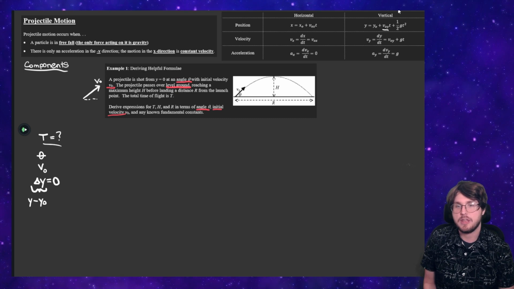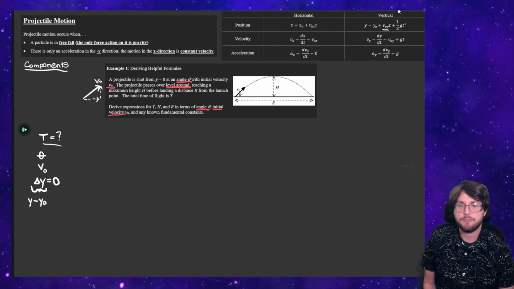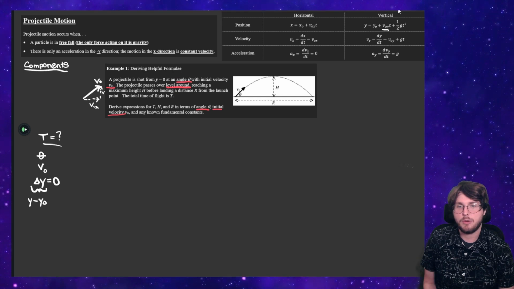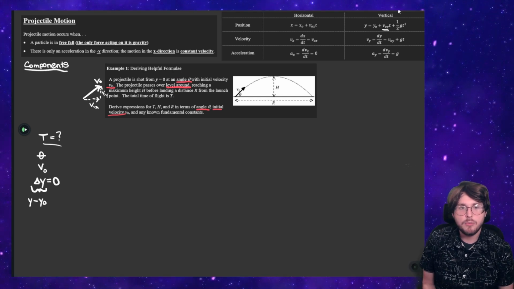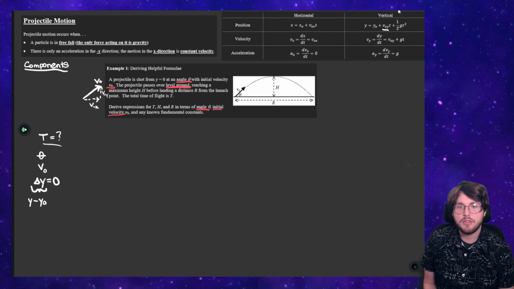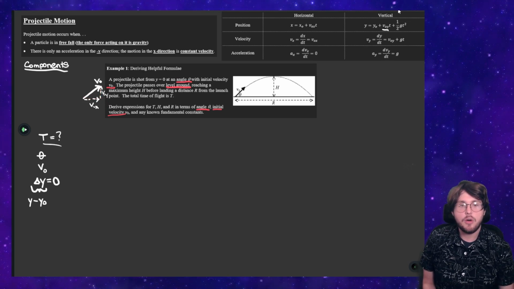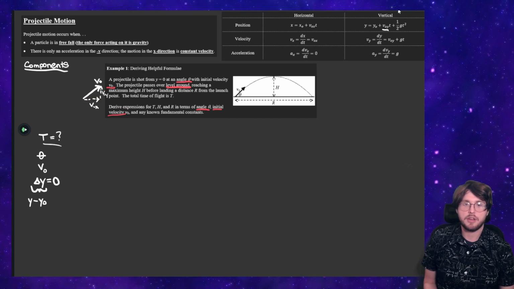So we've got the x component going along here, and added to that vector is the y component going up here. So it's going to be v naught x and v naught y. And if we're looking at this angle right here with the horizontal, then this is going to be the opposite side. This will be the adjacent side. So v naught y is generally associated with sine, v naught x generally associated with cosine.